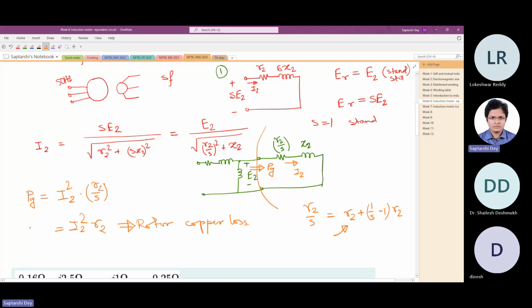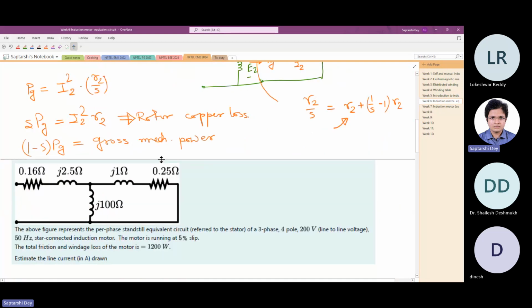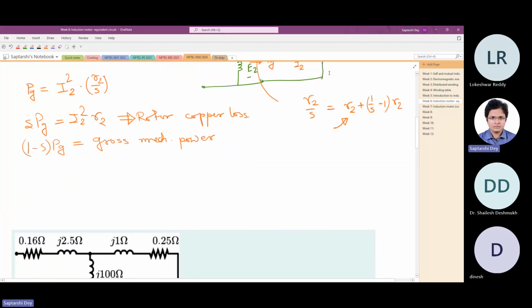This is equal to slip times gap power. And the rest of the gap power is what is called the gross mechanical power. So this is the mechanical power that the rotor develops.